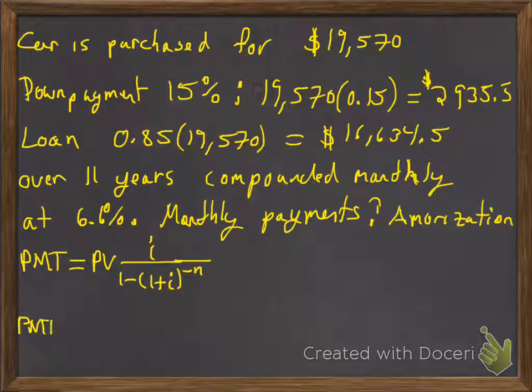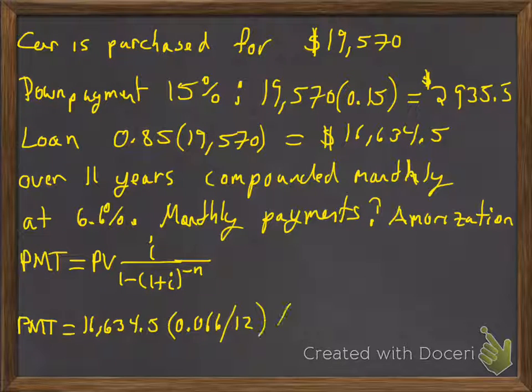So I'm going to write it how we would do it in our calculator. So your payment is going to be the amount of the loan, which is $16,634.50. Interest rate per period, so 0.066 divided by 12, divided by, and it's important to have parentheses around the denominator. If we don't put that there, then we're not going to have the correct monthly payments.